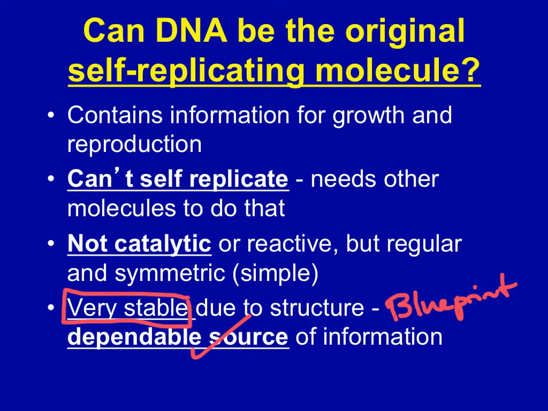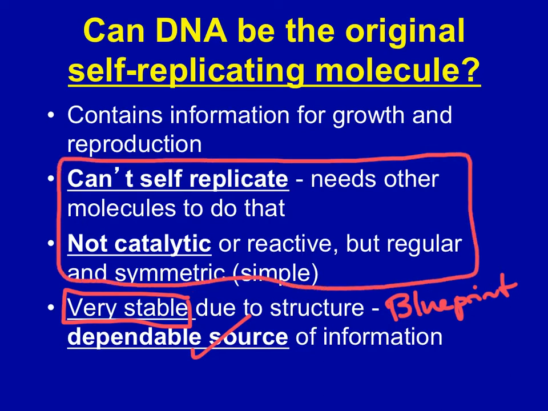Now, interestingly, it doesn't fulfill the requirement for being able to self-replicate, and that's because it isn't catalytic. This is what knocks it out of the running for being the first self-replicating molecule. It can't do a catalysis reaction. It can't act as an enzyme, and therefore it can't help itself replicate.